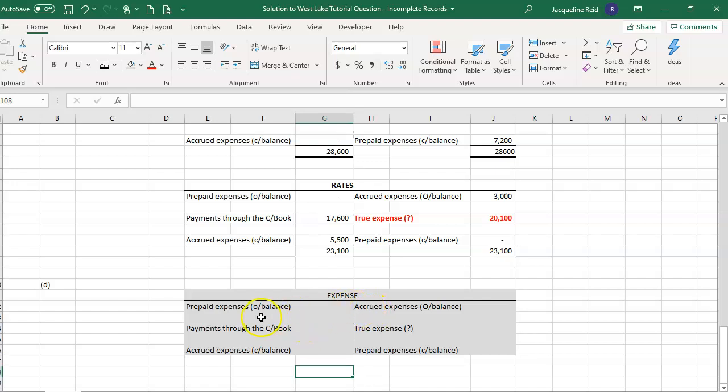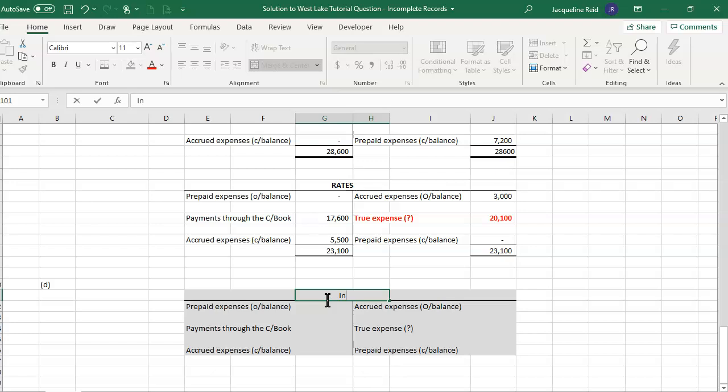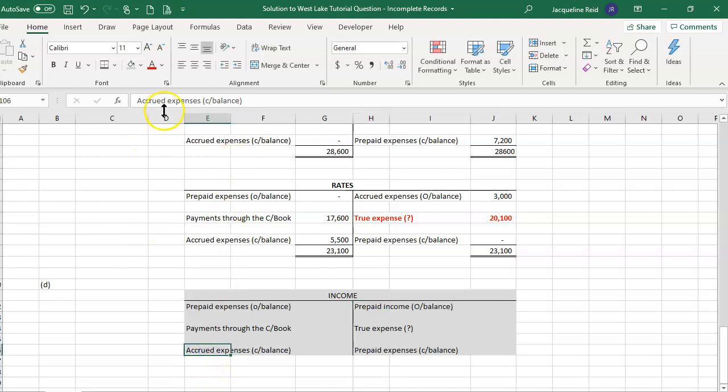So if we have prepaid income, remember now, prepaid income is a liability, so we're going to find it on this side. If our income starts the year in a prepaid position, it's opening as a credit balance.